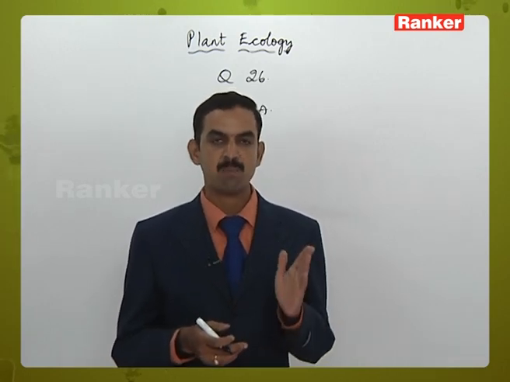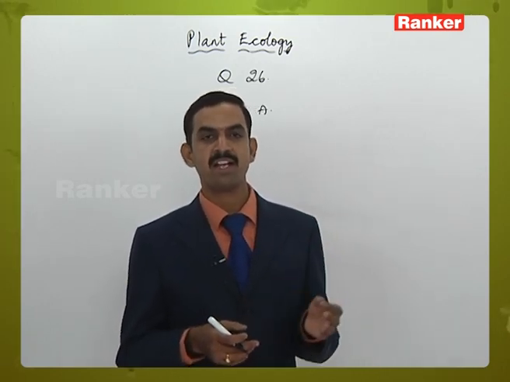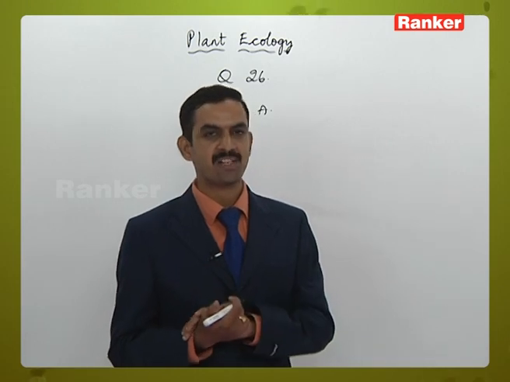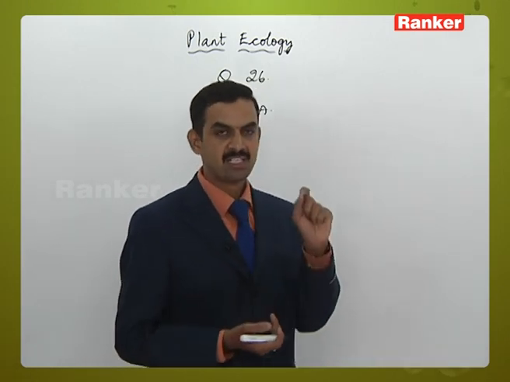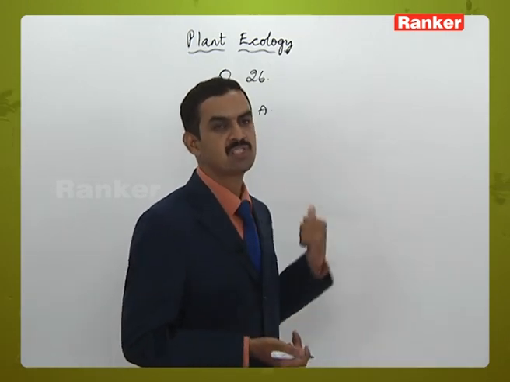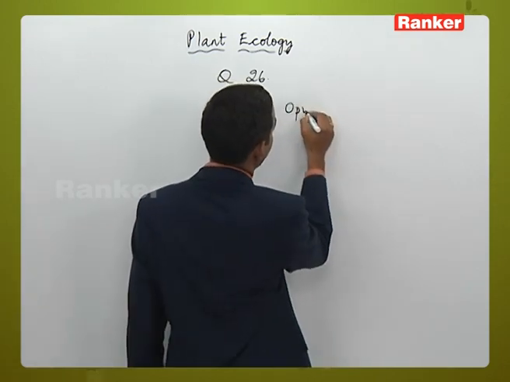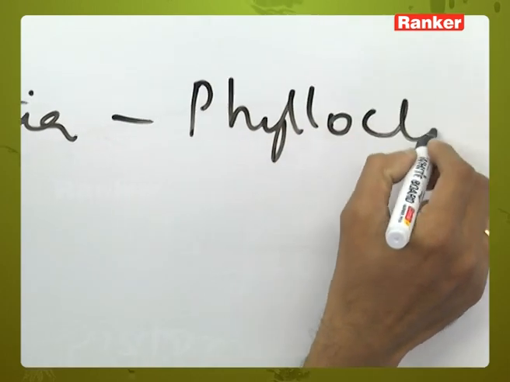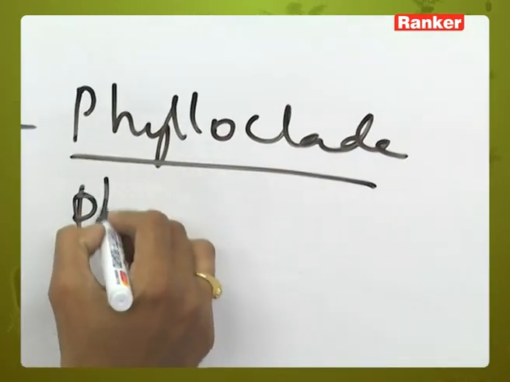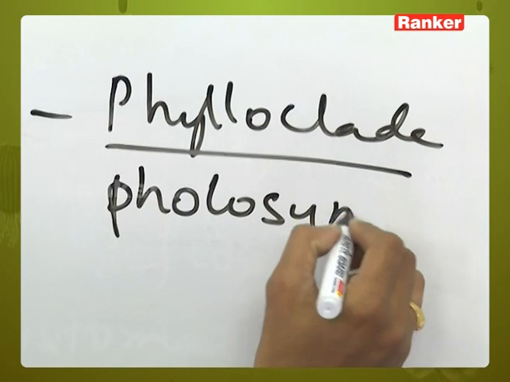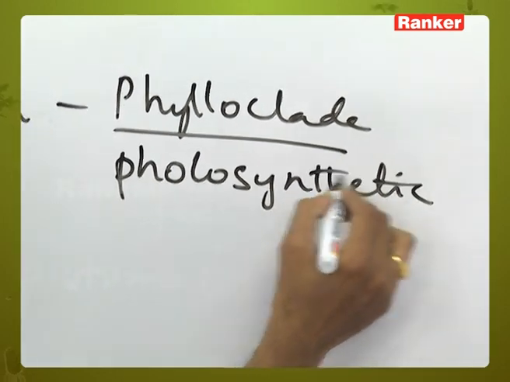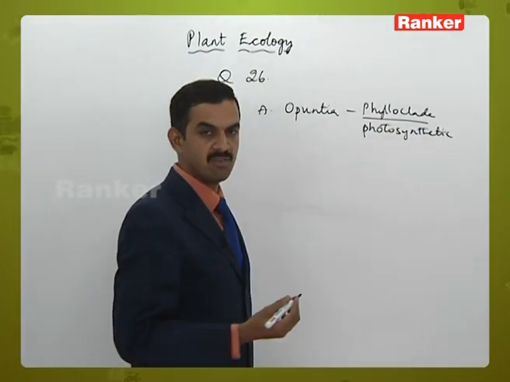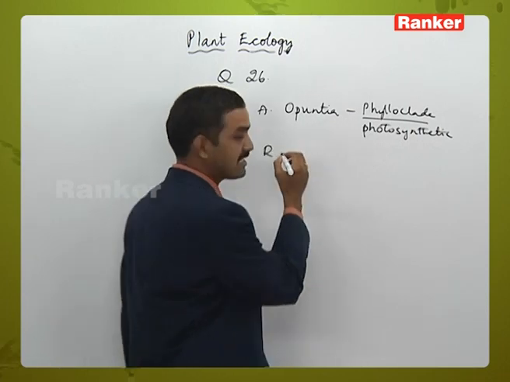Because in this plant the leaves are modified into spines to reduce the rate of transpiration, such that the function of the leaves is taken up by the stem. So in Opuntia we call such a stem a phylloclade and it is photosynthetic in function.